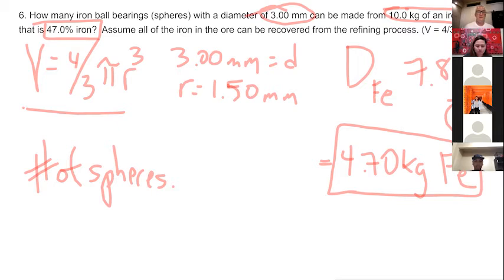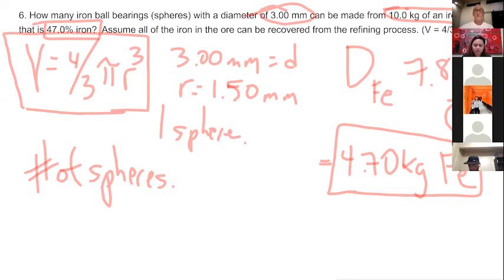So if your answer is number of spheres and you're given a mass and a volume, the first thing to do is figure out the volume of one sphere.